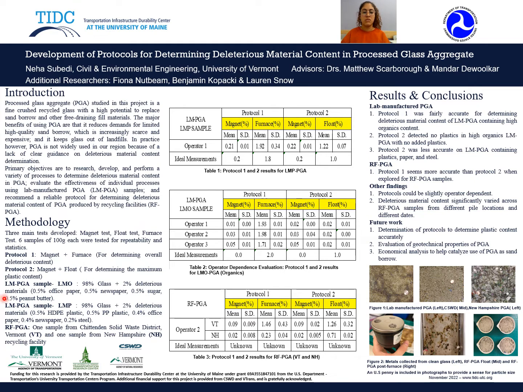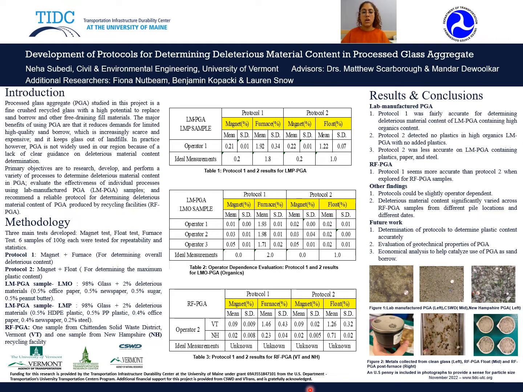This sample consisted of organic contents. Likewise, we also conducted the protocol tests on recycling facilities PGA, RFPGA, from different pile locations, like one from Vermont and another one from New Hampshire.